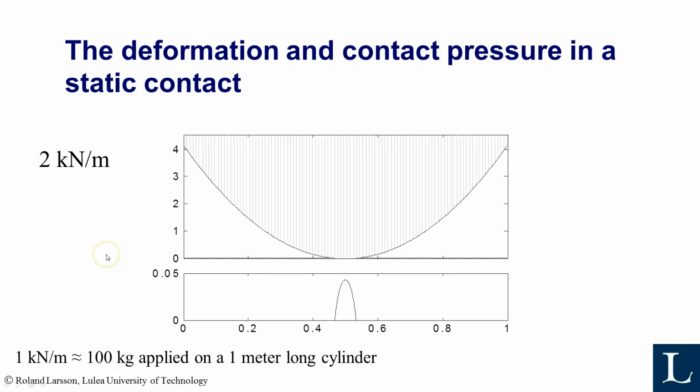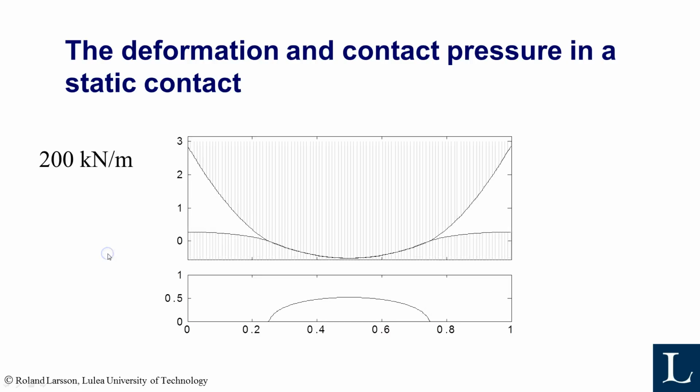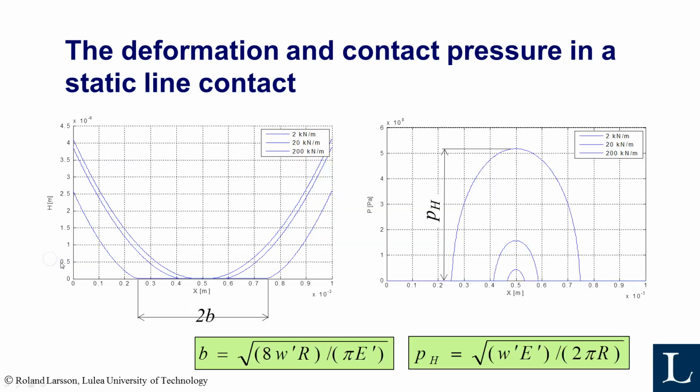If we apply that load, and we increase the load, and we increase it again, you can see that what is happening is that the contact zone is growing. And that is very good in this case, because that is one of the reasons why it's possible to lubricate a contact of this type.